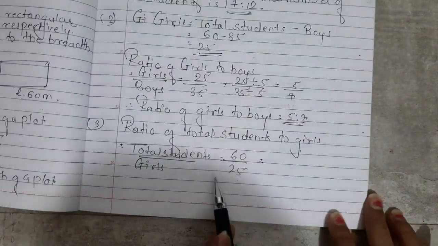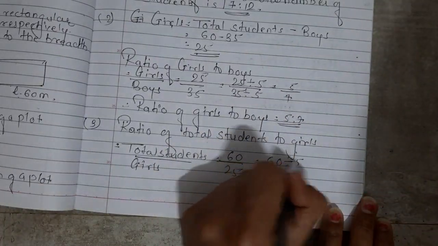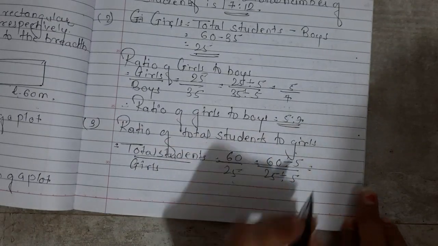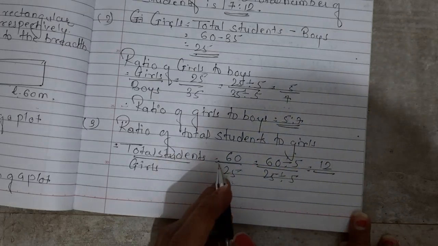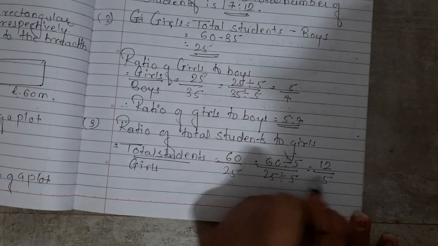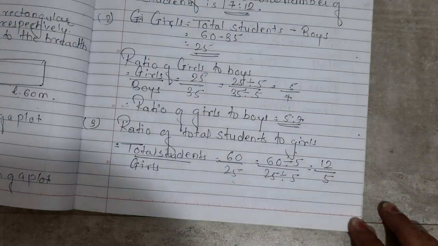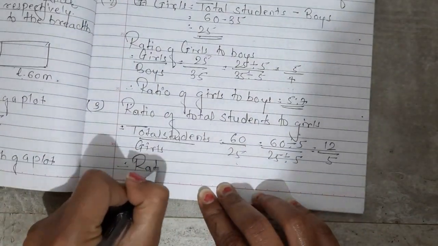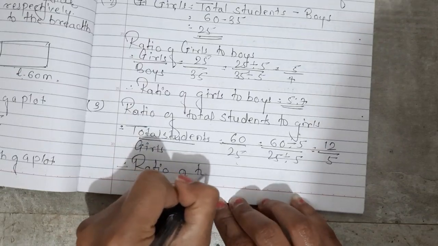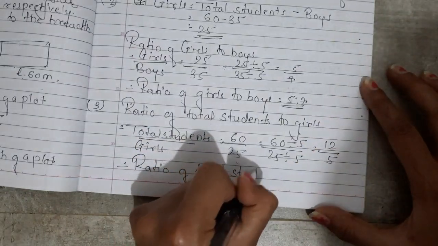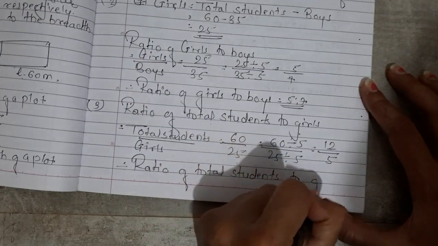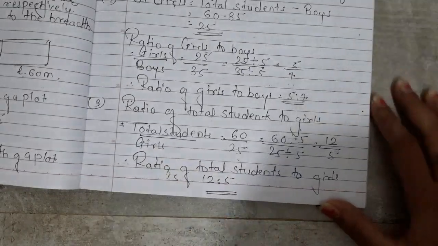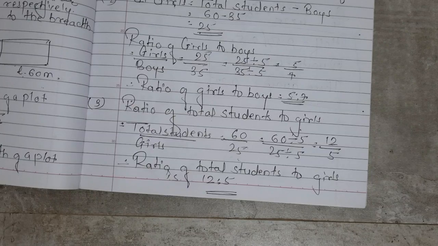So again divided by 5. 5 12s are 60, 5 5s are 25. So the ratio of total number of students to girls is 12:5. Okay, understood?